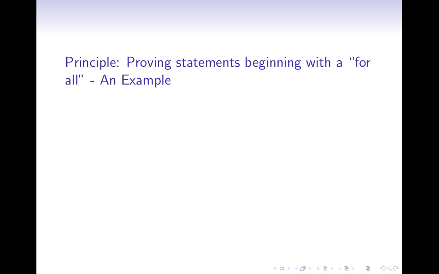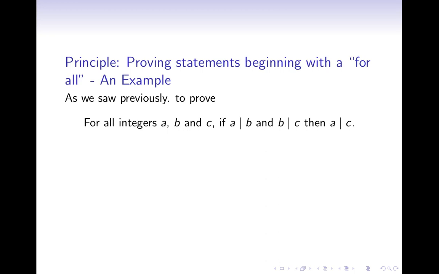So here's an example, something we saw previously. We were proving for all integers a, b, and c, if a divides b and b divides c, then a divides c. So we're proving for all integers a, b, and c that something happens. We would start by assuming that a, b, and c are integers.